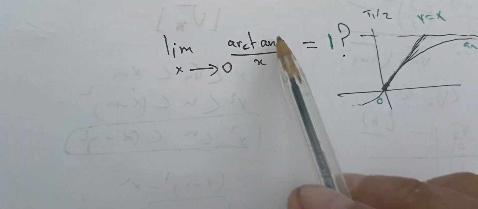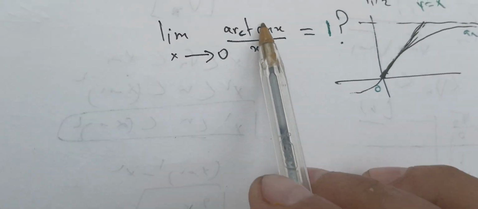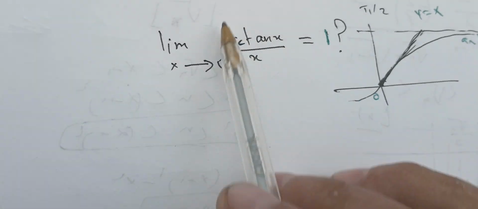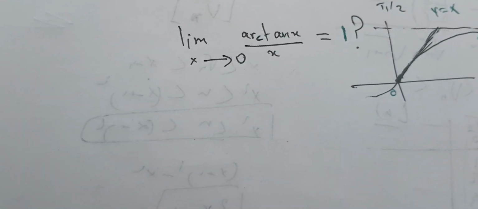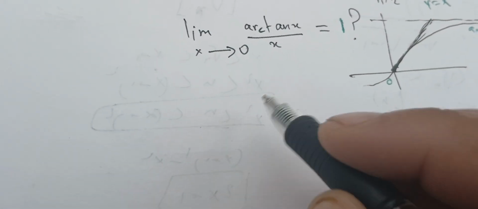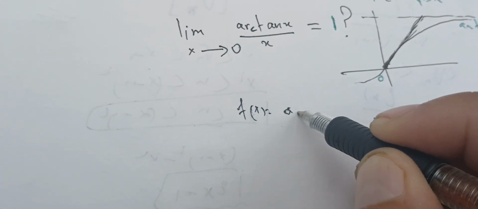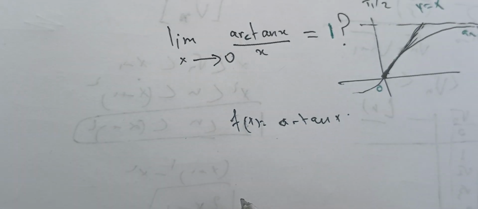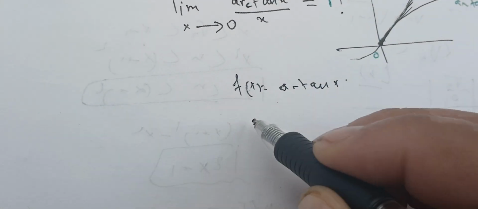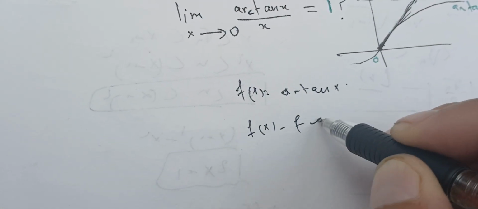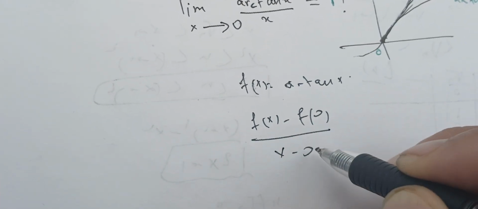Another thing that we can see here is that we can apply the definition of the derivative at 0. So given that f of x is arctangent of x, we want to compute the derivative at 0. So f of x minus f of 0 over x minus 0.